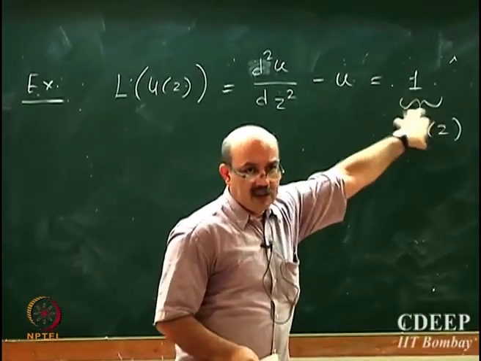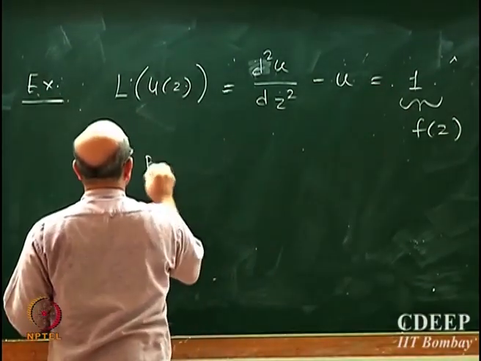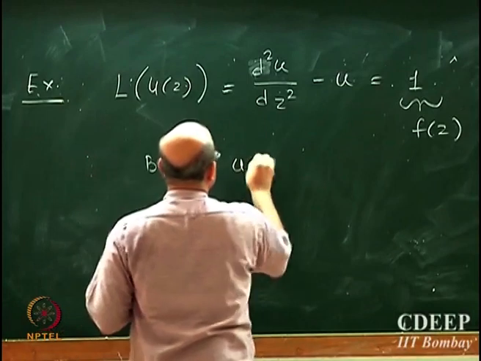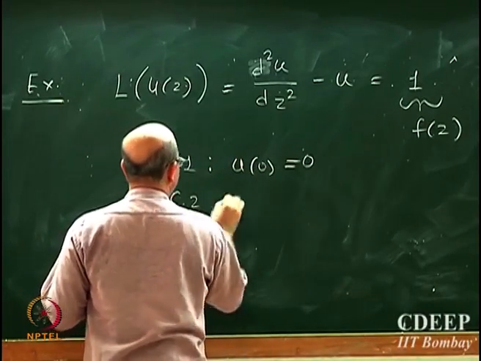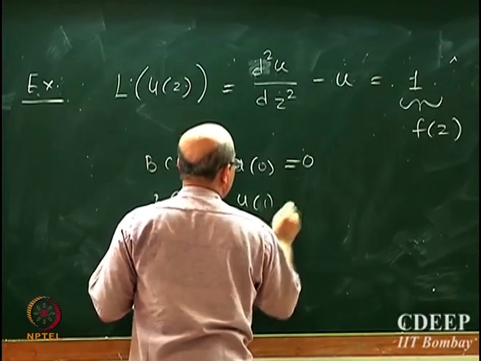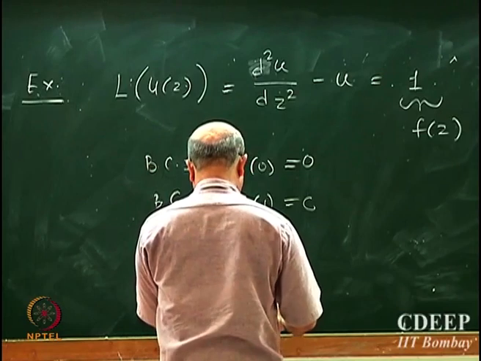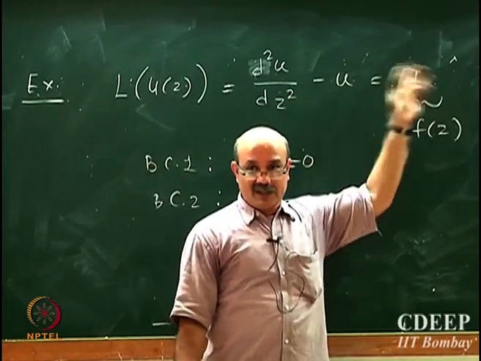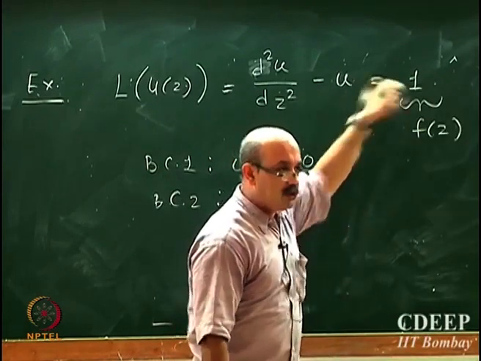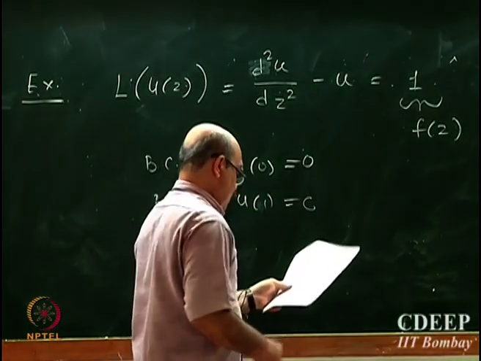Over the entire domain this should be equal to 1, and my boundary condition 1 is u(0) equal to 0, my boundary condition 2 is u(1) equal to 0. Well, u is not equal to 1, please note that. You are saying that this operator operating on u should be equal to 1, do not confuse.